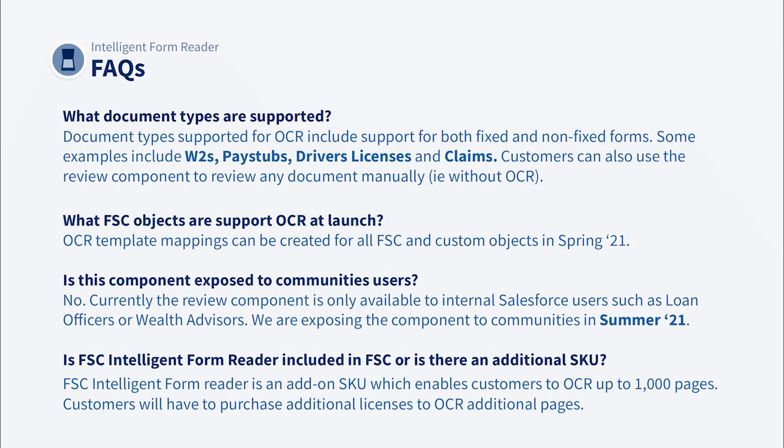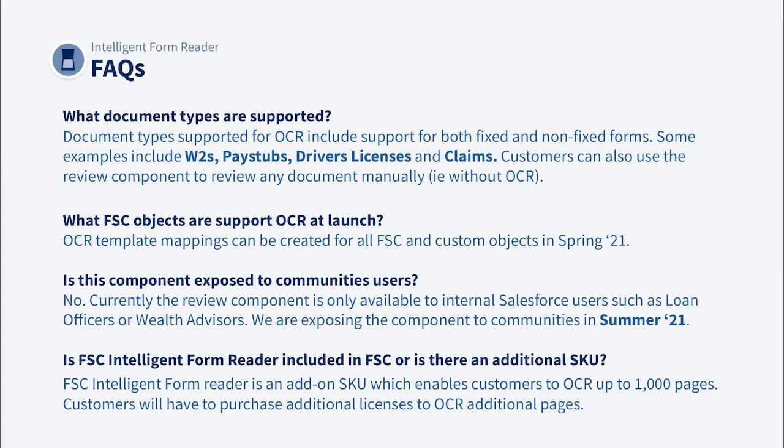That concludes the demo portion, but I did want to share a few FAQs about this functionality. Document types supported for OCR include support for both fixed and non-fixed forms. Some examples include W-2s, pay stubs, driver's license, and claims. Customers can also use the review component to look at any document manually.